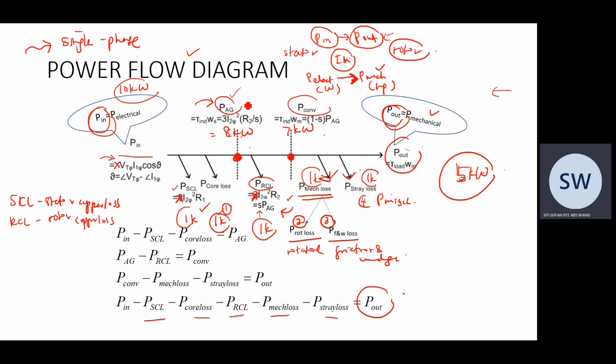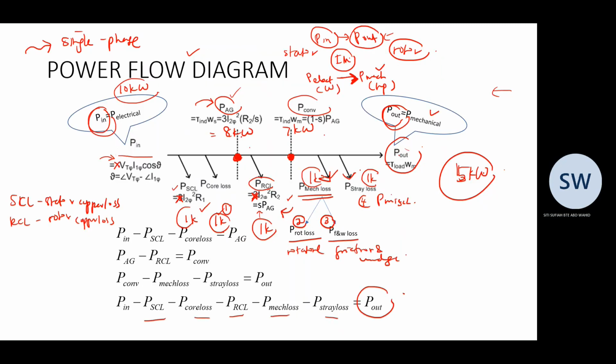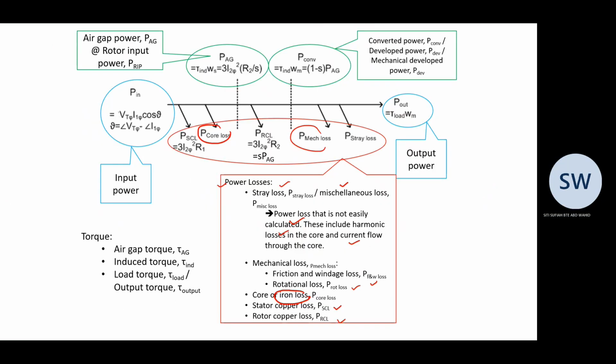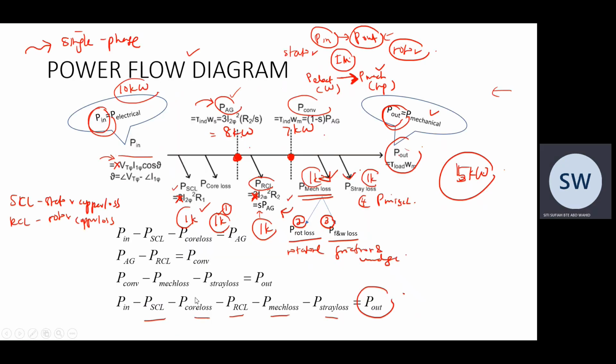Okay, now what I want to explain is on the losses done. So P in, the input power, V phase, I phase, cos theta. Sorry, V phase, I1 phase. Which I? We have 3 I: I1, I0, I2. So you use I1 phase. Okay, just the magnitude.